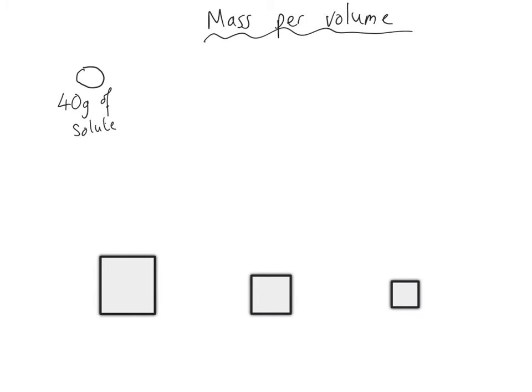If we consider now in a bit more detail mass per unit volume, we can explain that by an example. If we take 40 grams of any particular solute and we get a big container that we're going to dissolve it in, we'd put that into the container and then we'd get some water or any solvent, but presumably it'd be water, and we'd make it up to a line that was most likely 1 decimeter cubed.